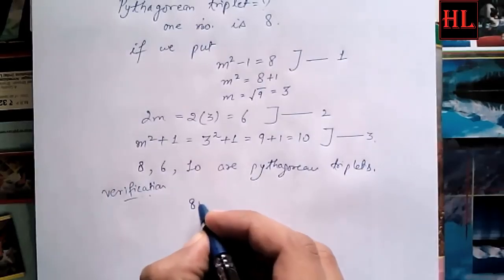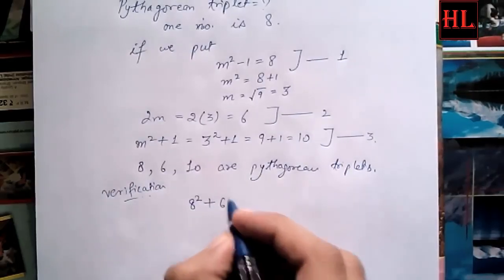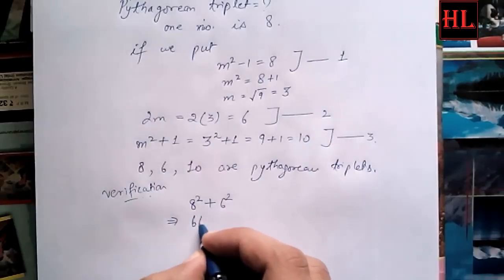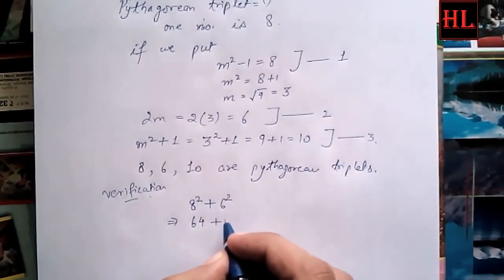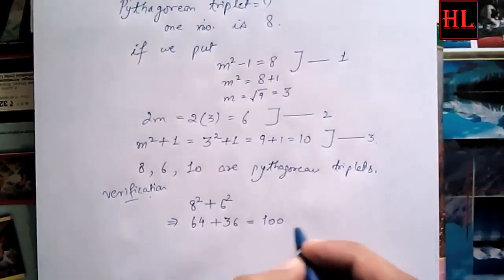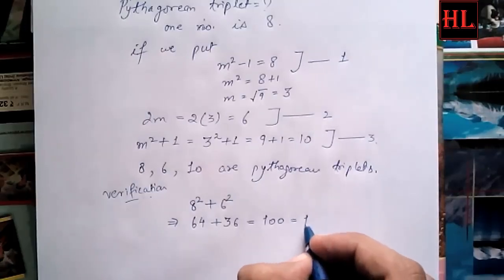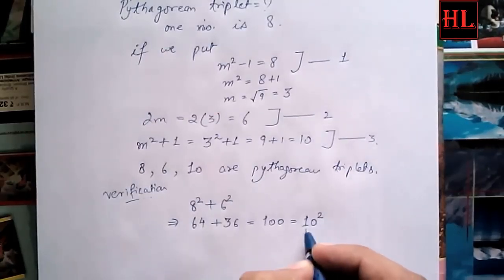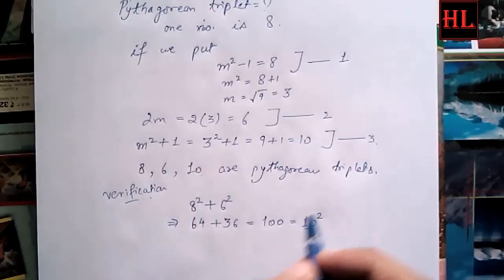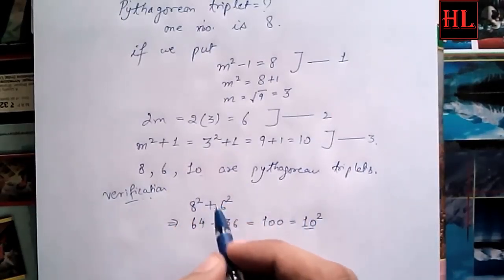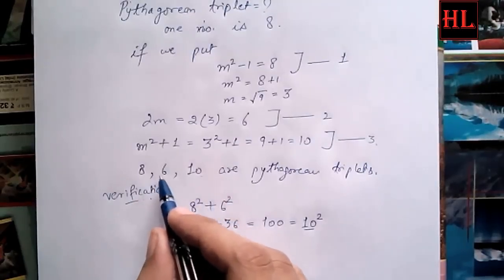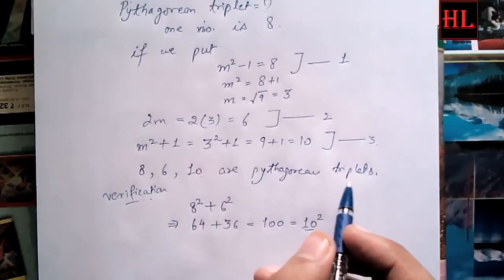So we'll take 8 square plus 6 square. 8 square is equal to 64 plus 6 square is equal to 36. It is equal to 100, and 100 is the square of 10, which is the third number of our Pythagorean triplet. So as these three numbers satisfy Pythagoras theorem, we can say that 8, 6 and 10 are the Pythagorean triplet.